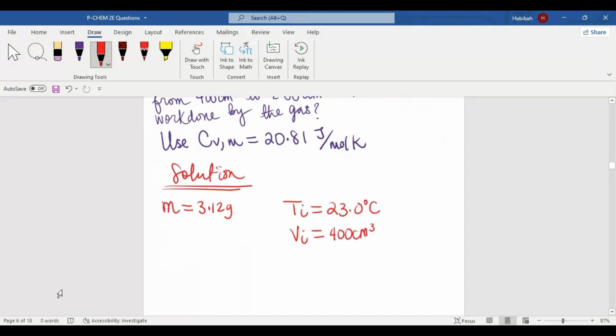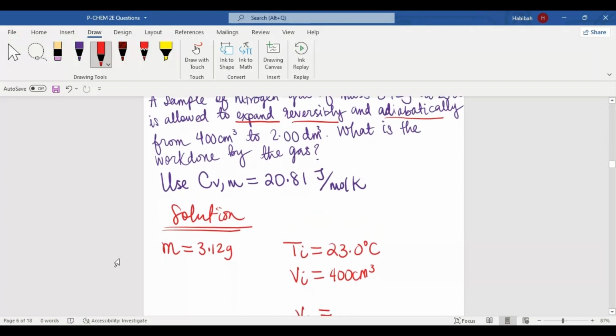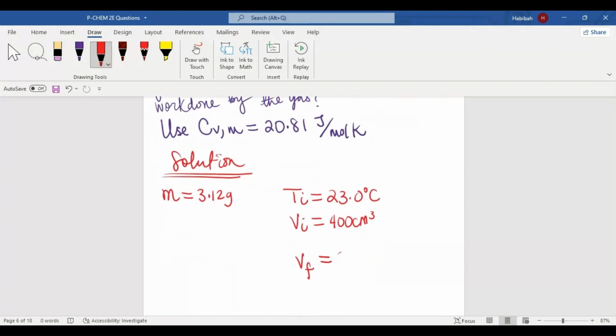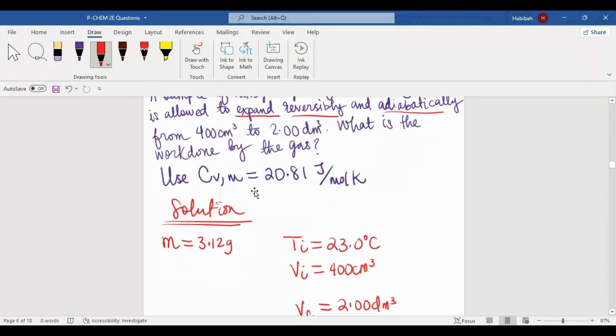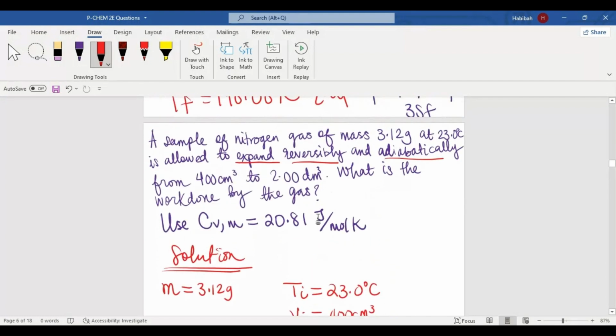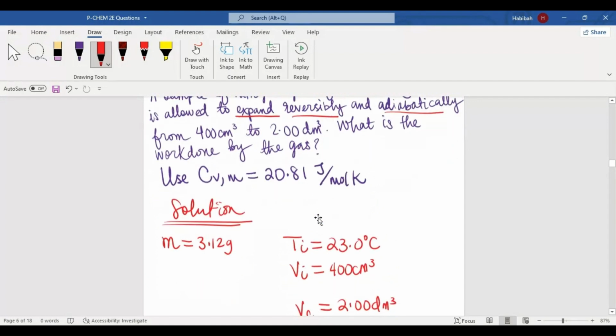And we have been given the final volume to be 2.00 decimeter cubed. And we've also been told that we're going to use the molar heat capacity at constant volume for this particular question to be 20.81 joules per mole Kelvin. So we've been given all of this information right here. And of course, we're told to solve for the work done.